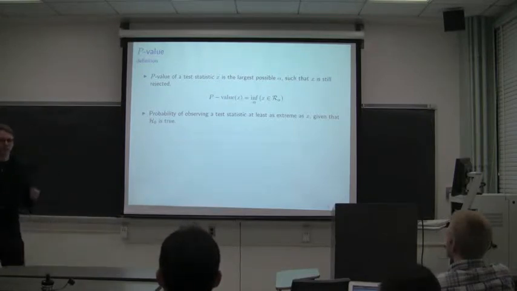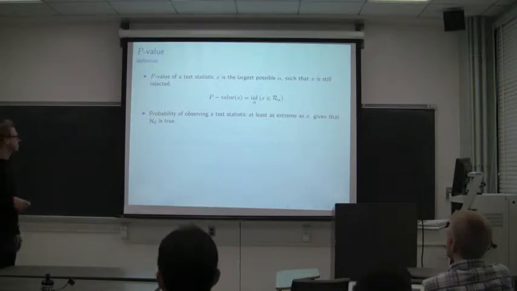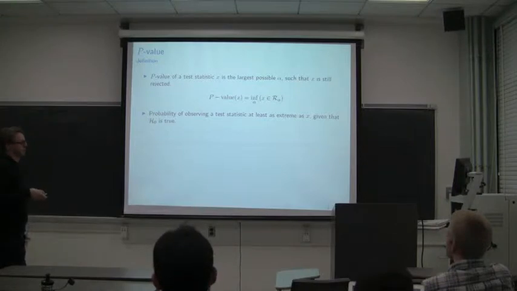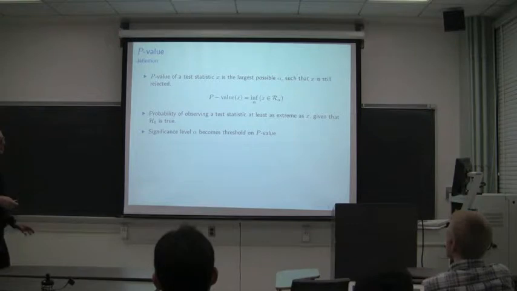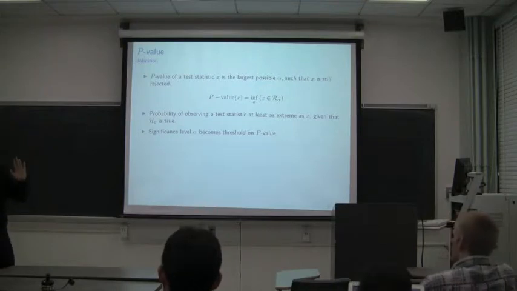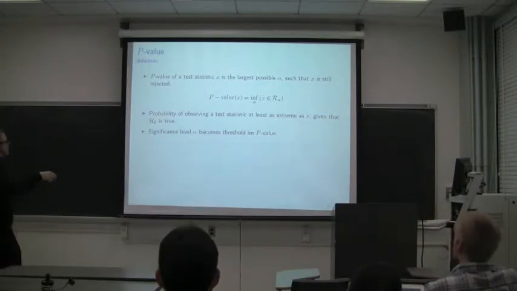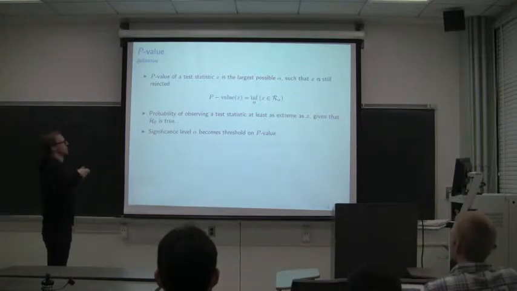So you can interpret the p-value as the probability of observing a test statistic under the null that is at least as extreme. And now alpha trivially becomes the threshold on the p-value.